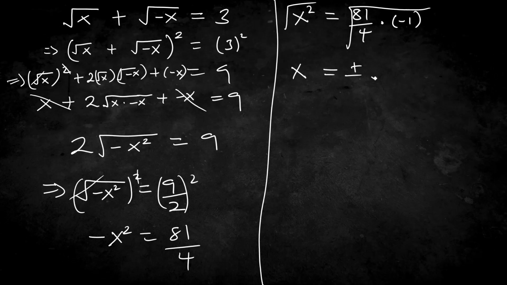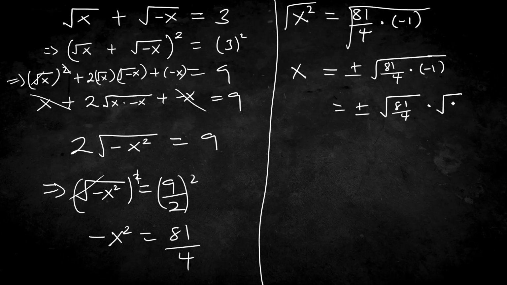So this side, 81 on 4 times -1. So we have plus or minus square root of 81 on 4 times square root of -1.